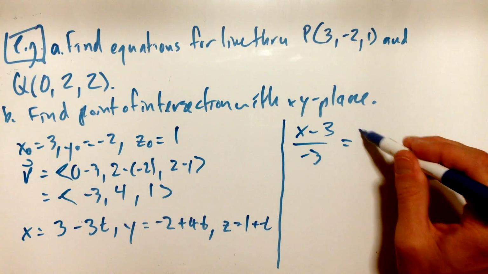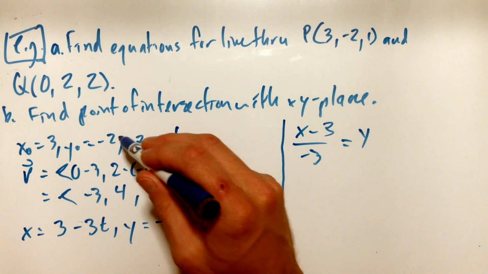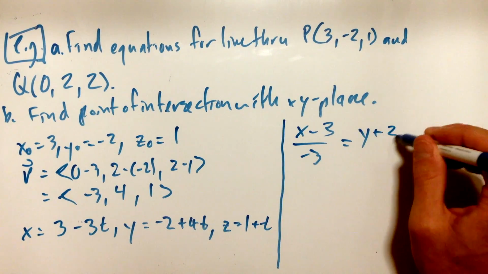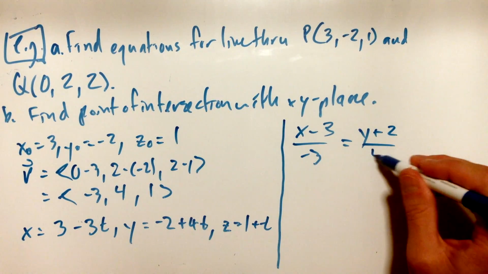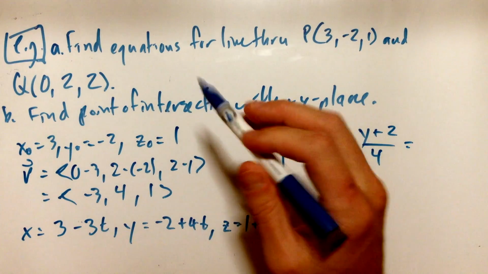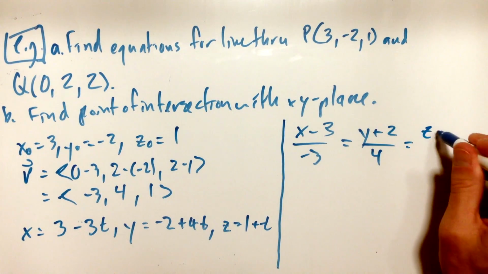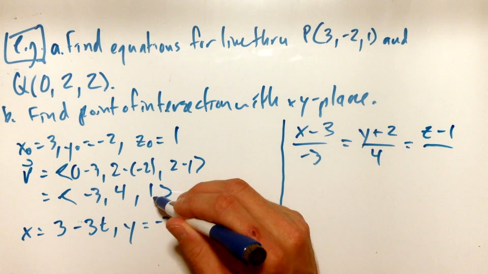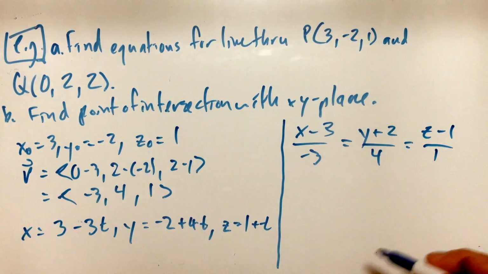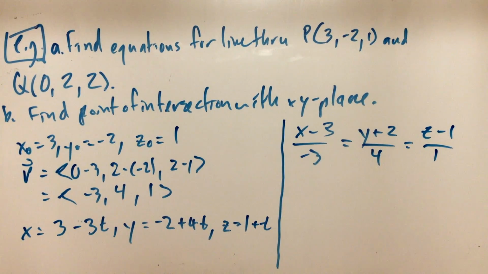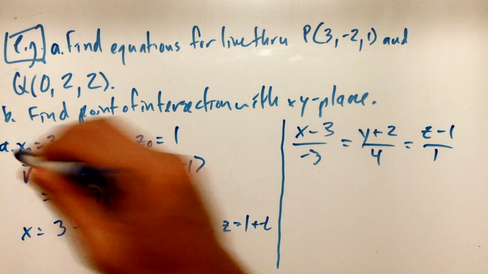This is equal to y minus y0, which is -2, so that's y plus 2, over b, which is 4. And that's equal to z minus z0, which is 1, over c, which is 1. So these are symmetric equations. Now we can use this to figure out part B. So this is part A, great.